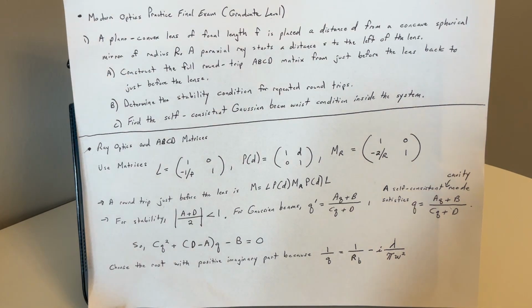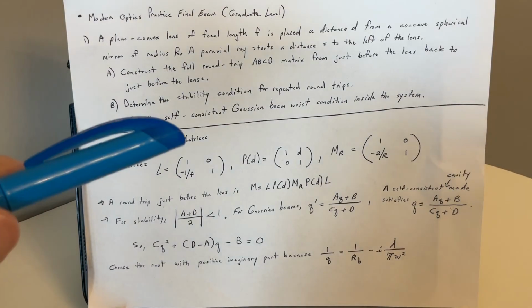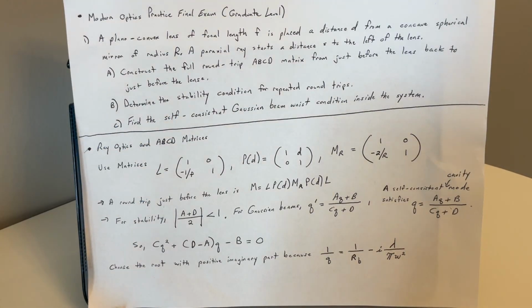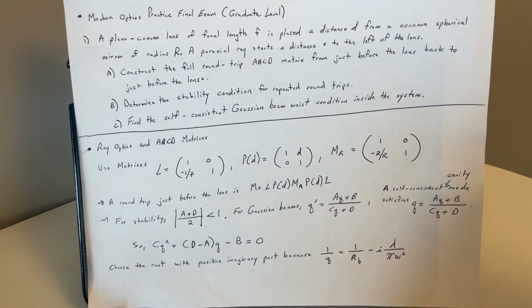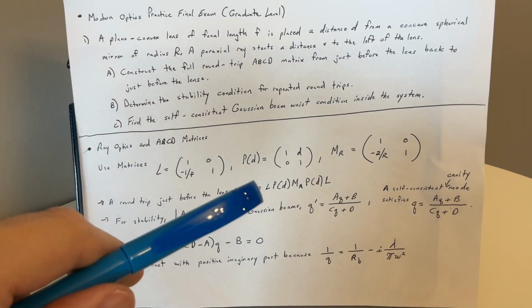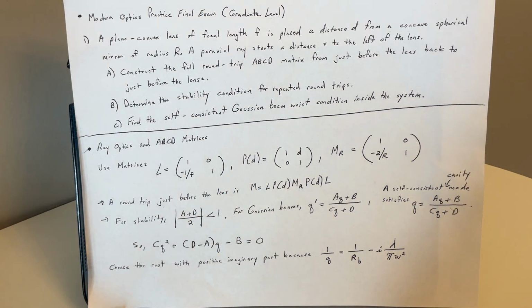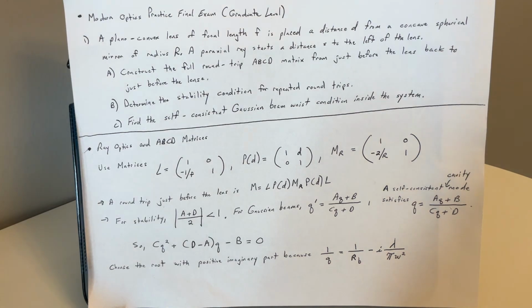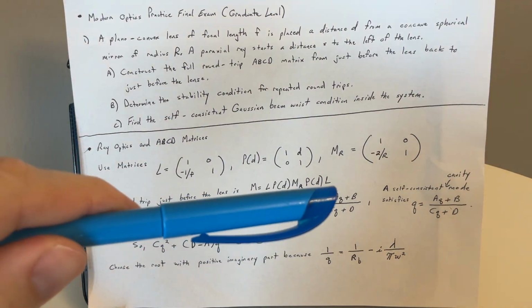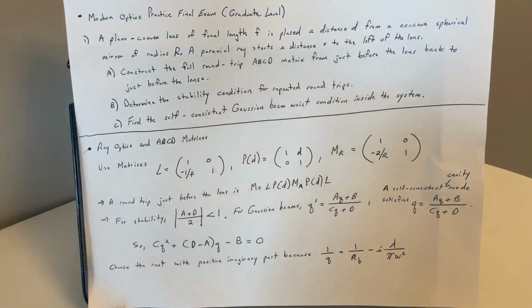Okay, so ray optics and ABCD matrices. We're going to use matrices L equals [1, 0; -1/f, 1], P of d equals [1, d; 0, 1], and M sub R equals [1, 0; -2/R, 1]. The round trip just before the lens is M equals L, P of d, M sub R, M sub R, P of d, L. For stability, the absolute value of (A plus D) over 2 is less than 1. For Gaussian beams, q prime is (Aq plus B) over (Cq plus D).